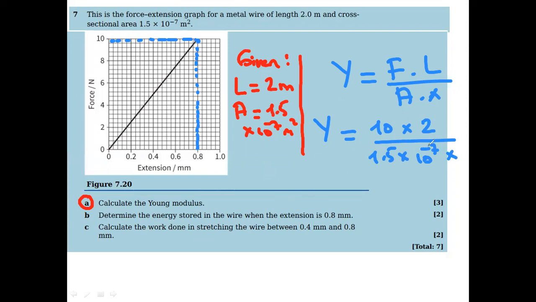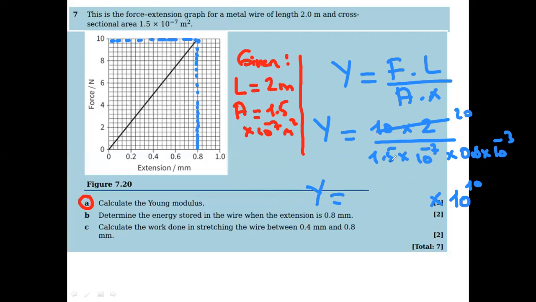But I have to change it into meters, so 0.8 times 10 to the power minus 3. From here, the Young modulus is going to be equal to 10 to the power minus 3 over 10 to the power minus 7, which is 10 to the power minus 10. If we take it upside, it will be positive: 10 to the power of 10 times 10 times 2, which is 20, over 1.5 times 0.8.